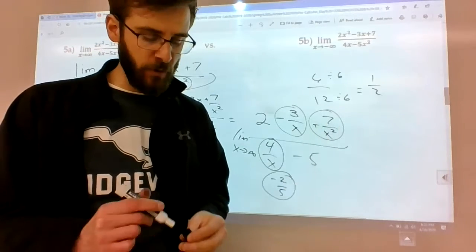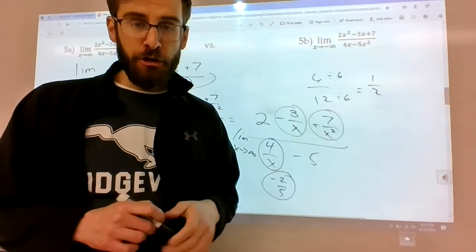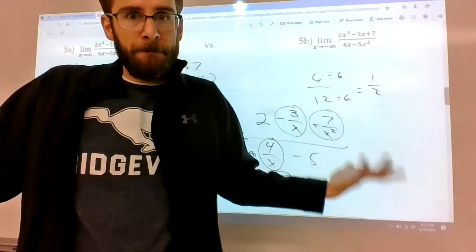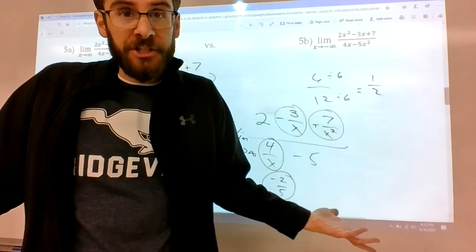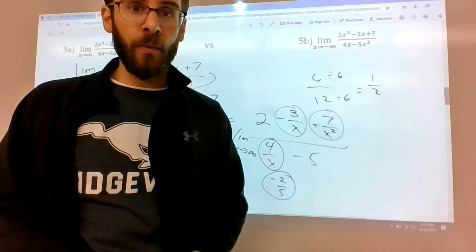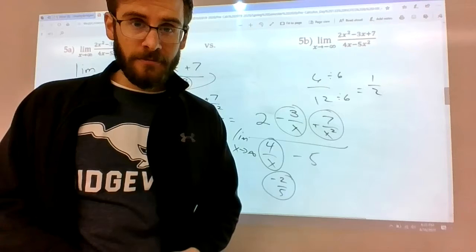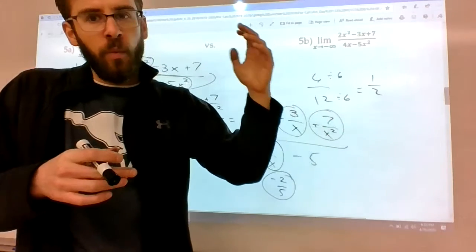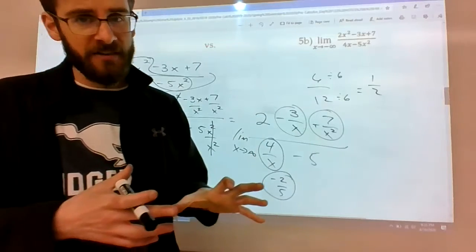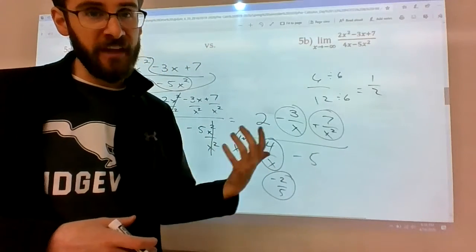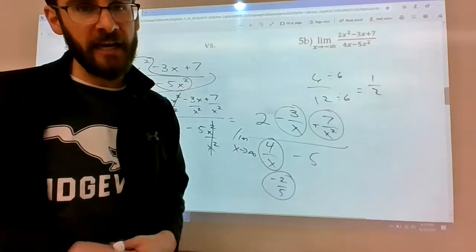And again, ask yourself the question, if I had $3 of debt divided by 1 billion people in the world, how much does each person owe? And it's like, oh, we don't owe much at all. If you just keep increasing that bottom number, then whatever's on top, either negative or positive, it's going to zero out no matter what. So the answer to 5b is also negative 2/5.